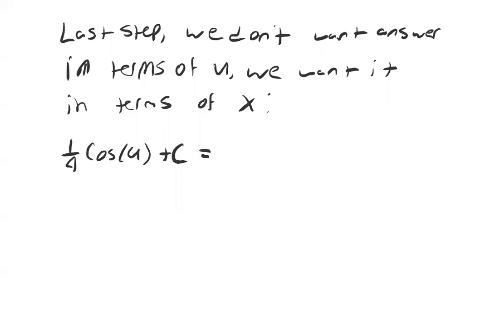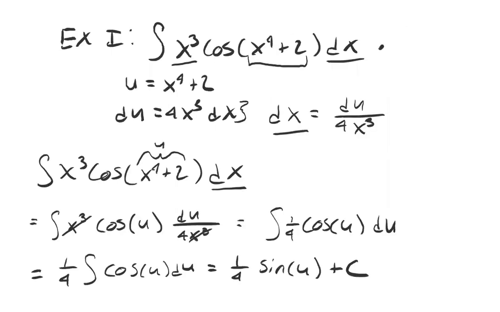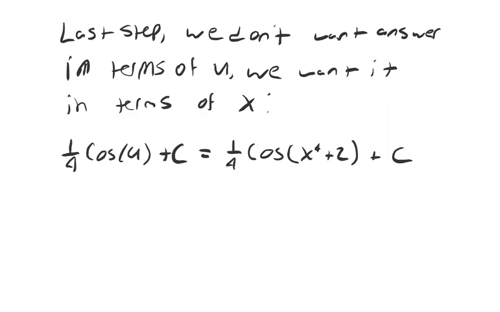If I plug in for u again, it's going to be 1/4 cosine of x to the 4th plus 2, plus a constant. Let me double check to make sure that I got the correct value. Yep. So that would be the answer.